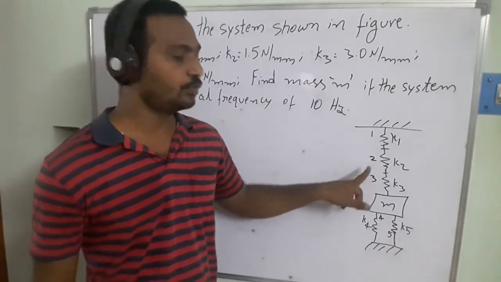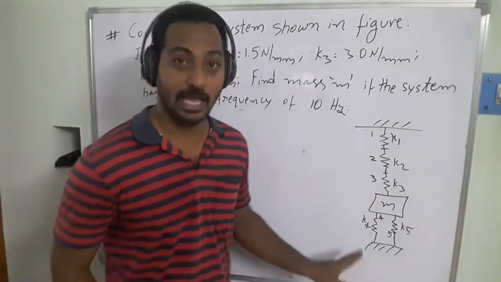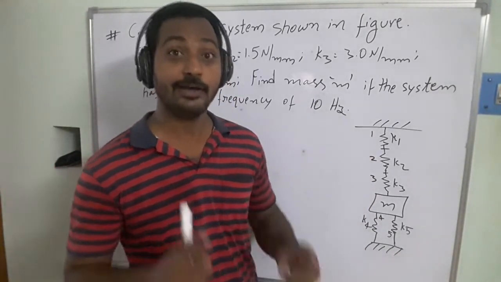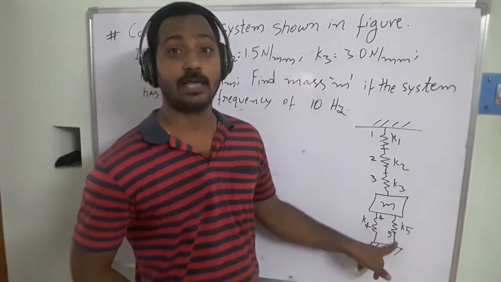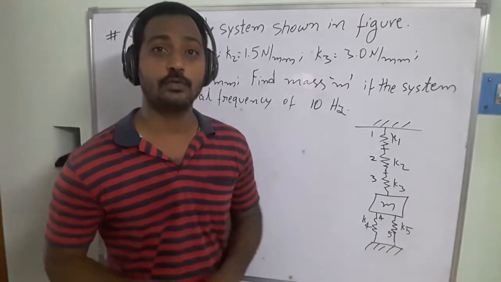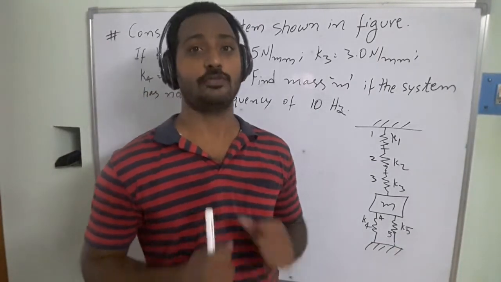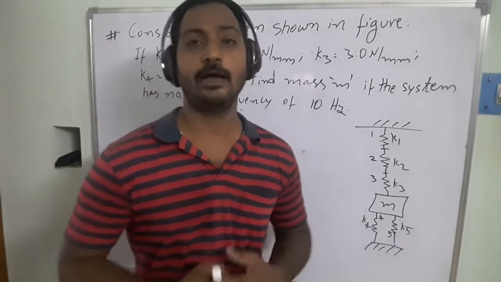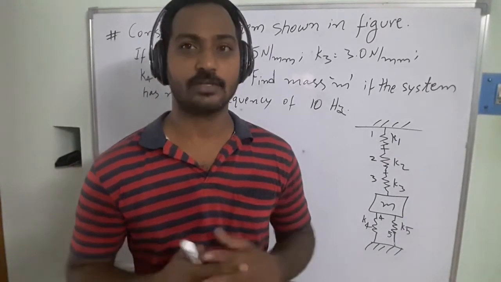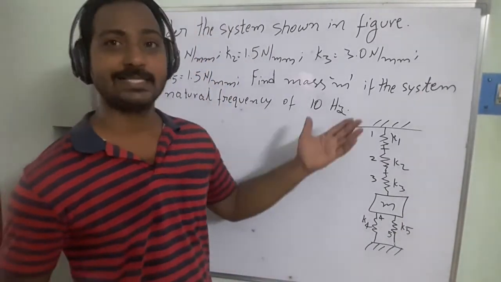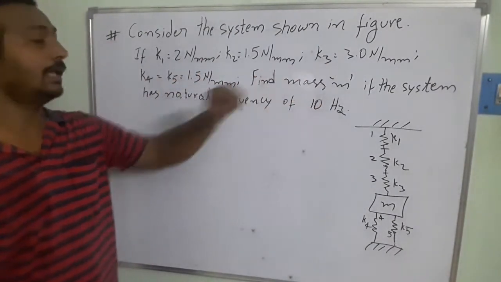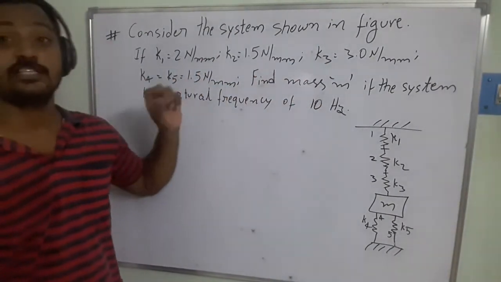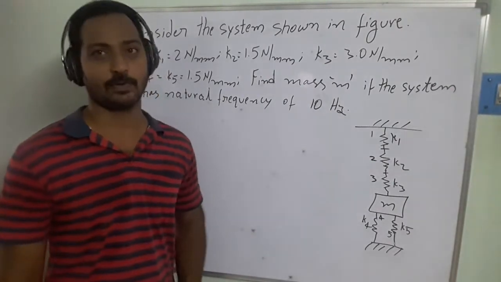Springs 1, 2, 3 are in series and 4 and 5 are in parallel, and we need to convert them into an equivalent stiffness constant so that we can calculate the frequency or mass of the system. The stiffness values K1, K2, K3, K4 and K5 of all these springs are provided.